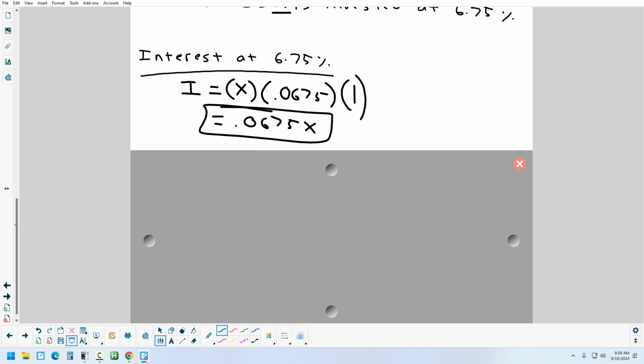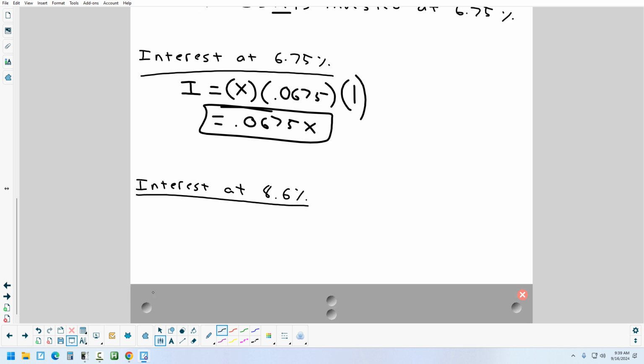Right. Now let's do the interest at 8.6%. I don't want to use a new letter, so what's the principal in this account? Yep. 20K minus X. Yep, exactly.